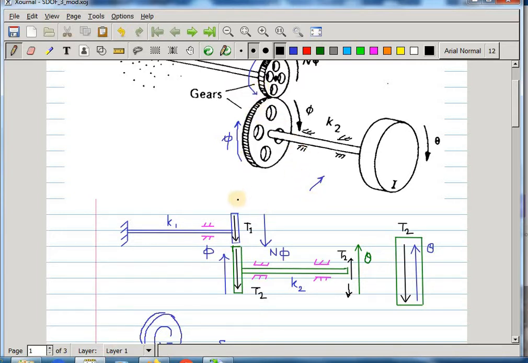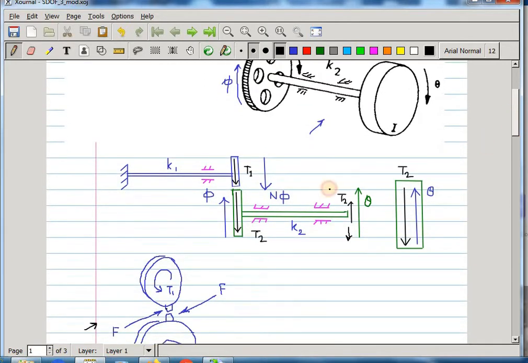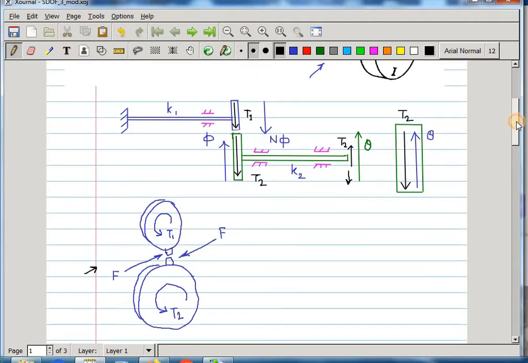Now if the torque on this gear is in this direction, the torque on this gear is in this direction, and this torque is N times this torque. So why are the torques in the same direction?